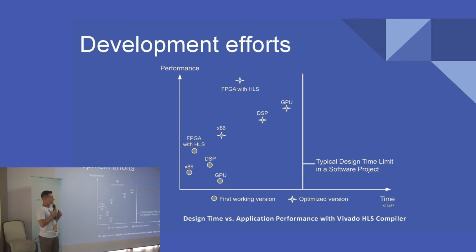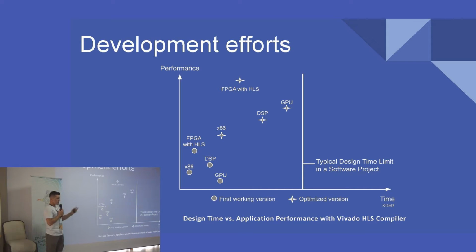A few years ago, Vivado, an application built by Xilinx, a vendor of FPGA chips, did a nice thing. They built a tool that allows us to convert our C or C++ code into FPGA design.